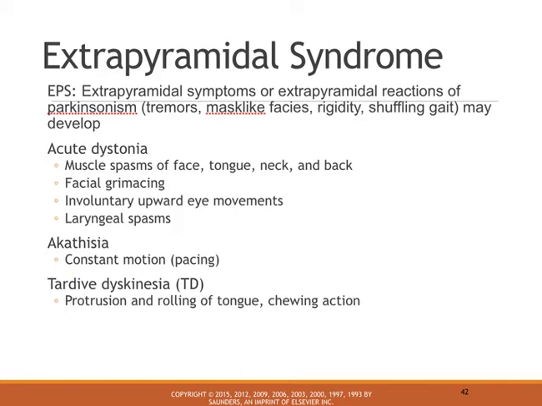And then tardive dyskinesia, which is something that you'll see if you spend any time on a psych unit. That's a protrusion and rolling of the tongue and a chewing action. And they don't know they're doing it and they can't stop doing it. So those are the big things.